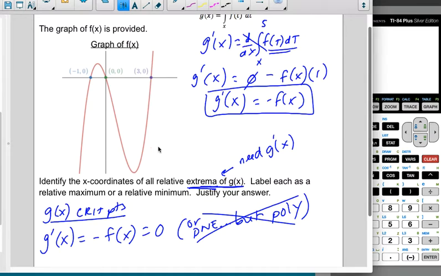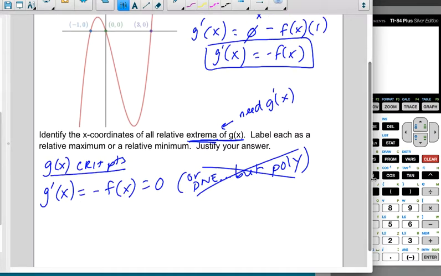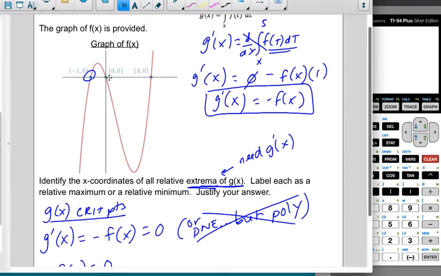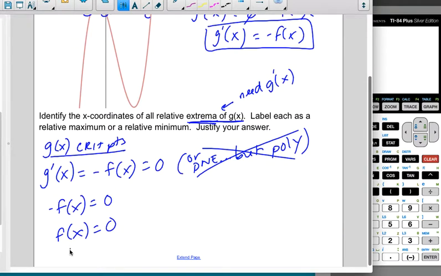Look at this, it's nice and curvy. There are no points, no cusps, no weirdness. So we want when negative f of x equals 0, which is when f of x equals 0, which we can see visually happens here, here, and here. So at negative 1, 0, and 3.